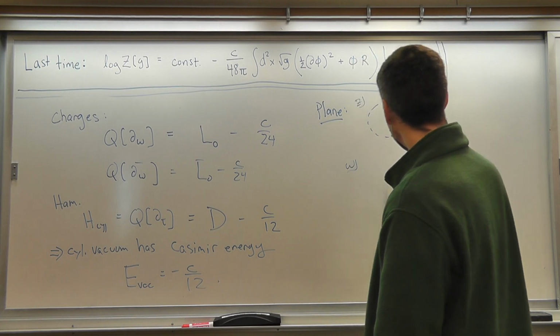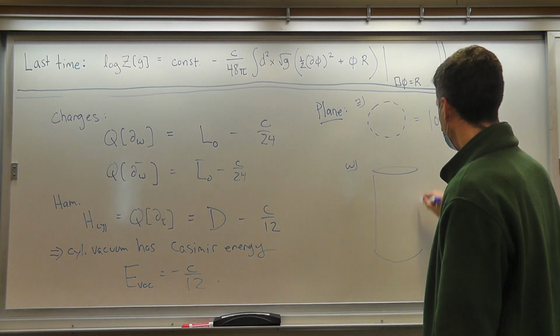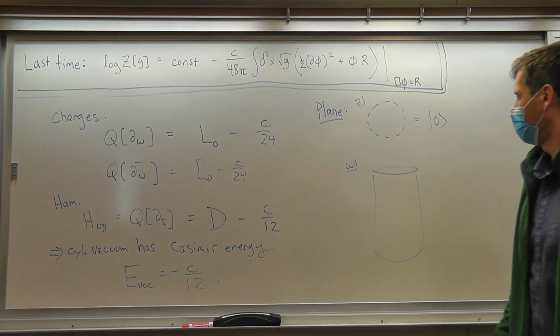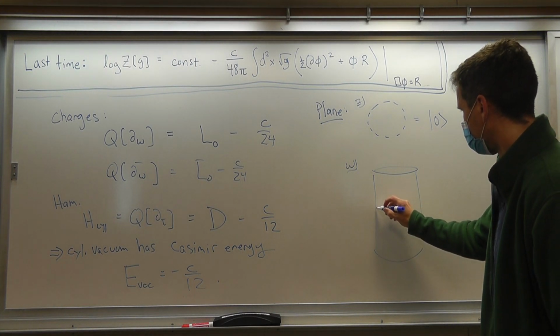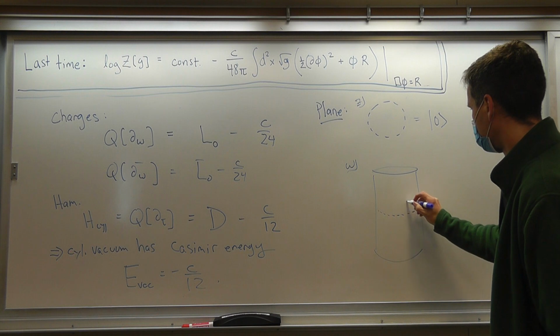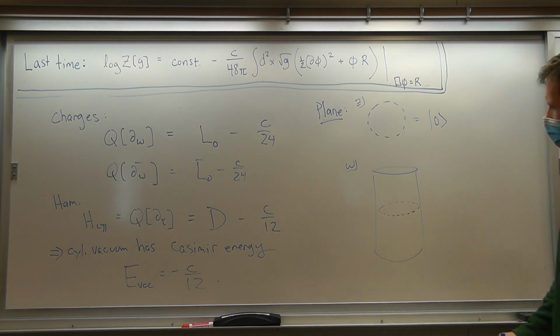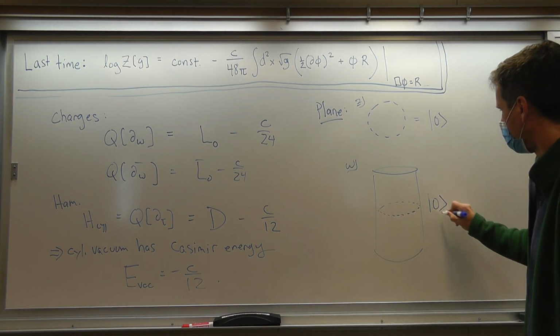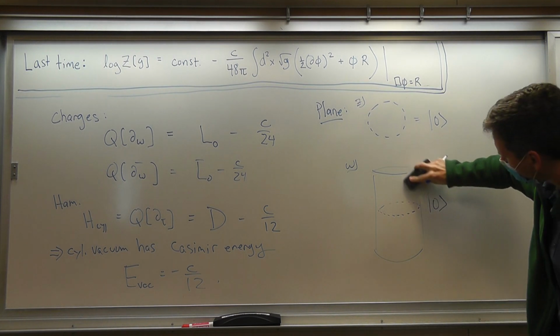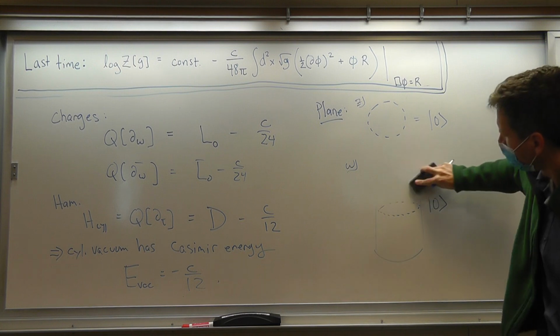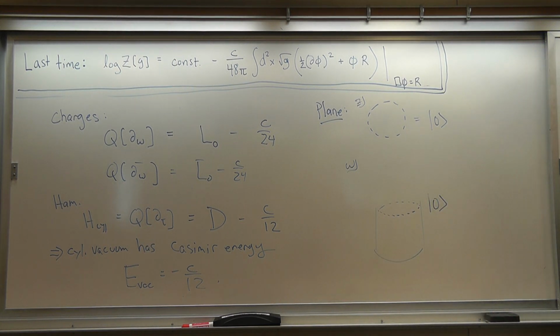In the w coordinate, you have a cylinder, and you can define the vacuum state on the cylinder by, I guess I should only do the path integral over half the cylinder.